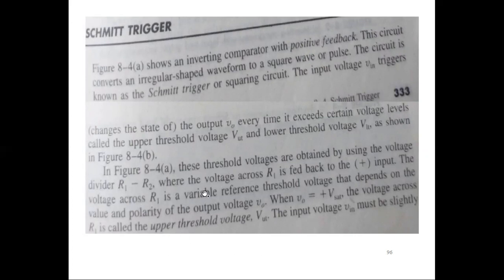The voltage across R1 is a variable reference threshold voltage that depends on the value and polarity of the output voltage V0. So when V0 is equal to plus VSAT, the voltage across R1 is called the upper threshold voltage VUT, which will be equal to VSAT divided by R1 plus R2 into R1.